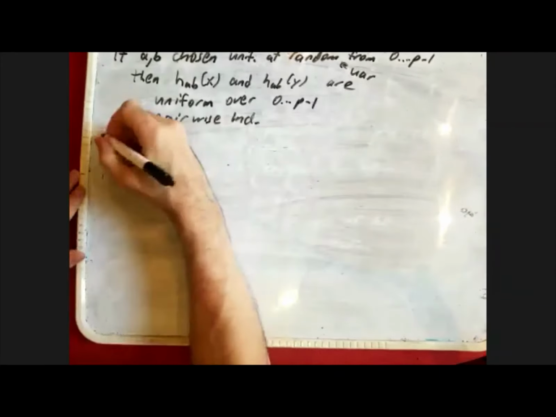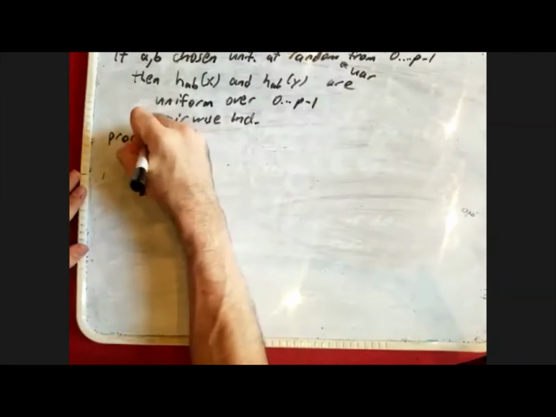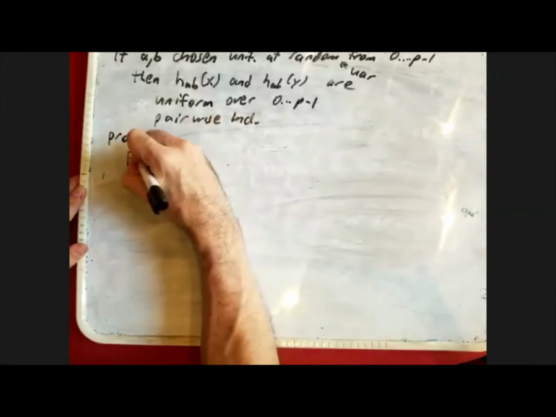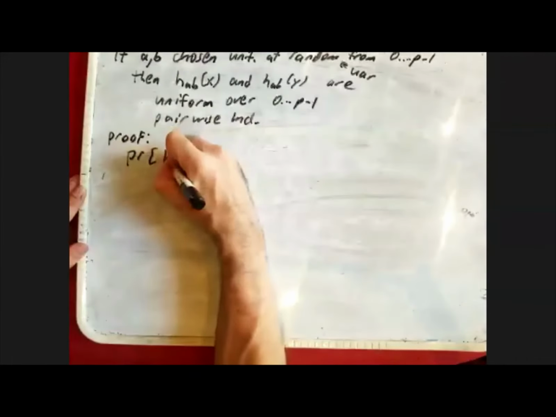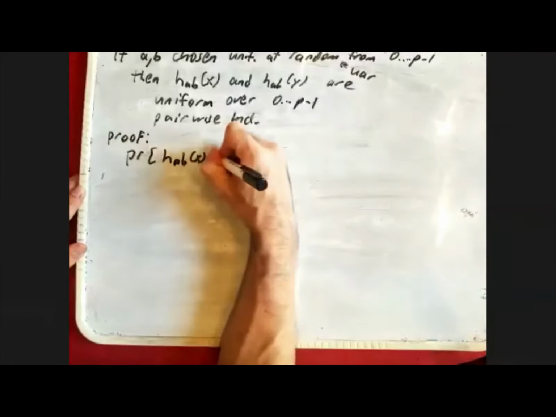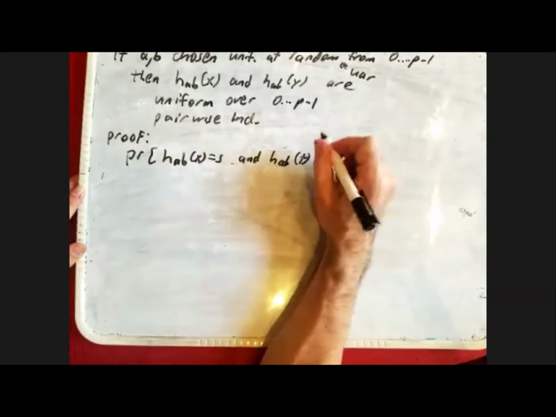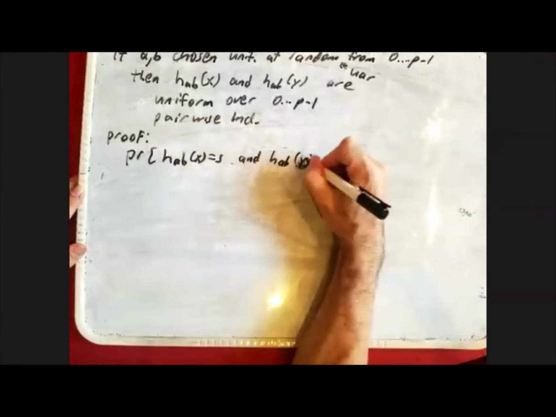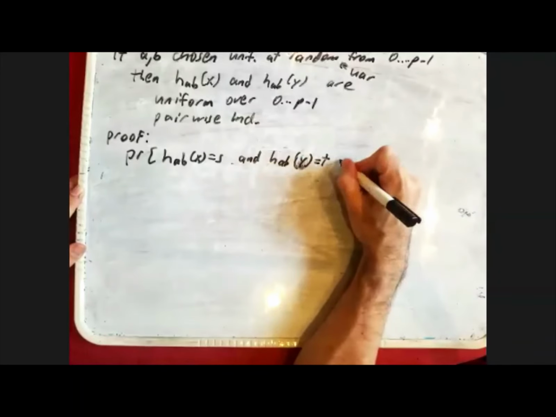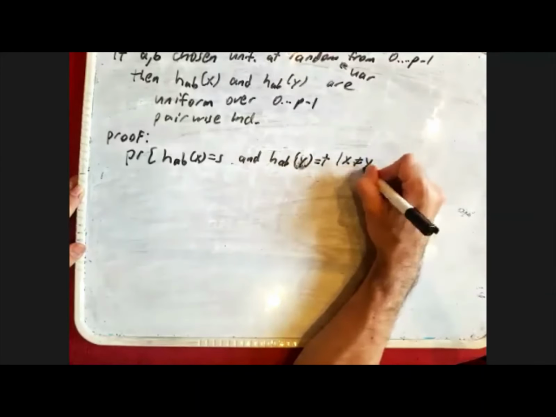All right, so how do we prove this? Well, what we're interested in is the probability that H sub AB of X is equal to some S, and H sub AB of Y is equal to some T, where X is not equal to Y. Now what is that probability if we had a truly random function that mapped X and Y both to the range from 0 to P minus 1?